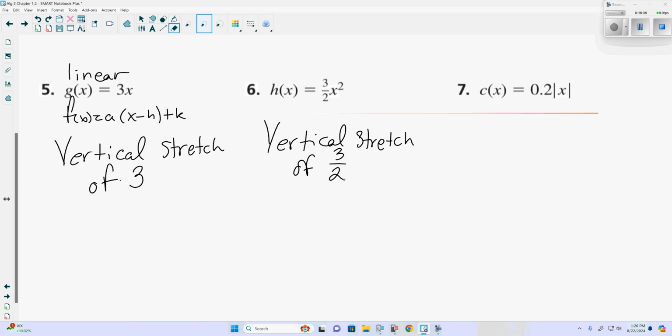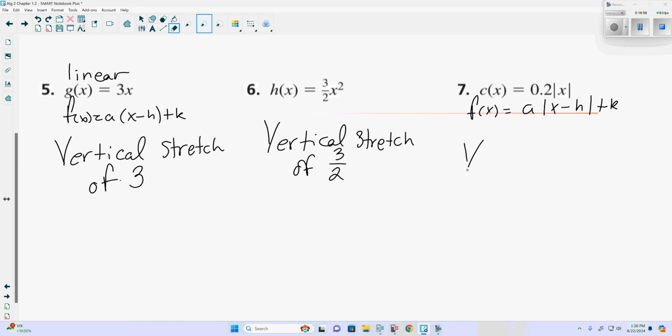All right, let's look at number 7. We didn't even write the general form for the last one. I'm going to write it for this here, absolute value. Well, the only thing we have that's being applied to this is the 0.2, yes? Which is going to be our vertical stretch or shrink.